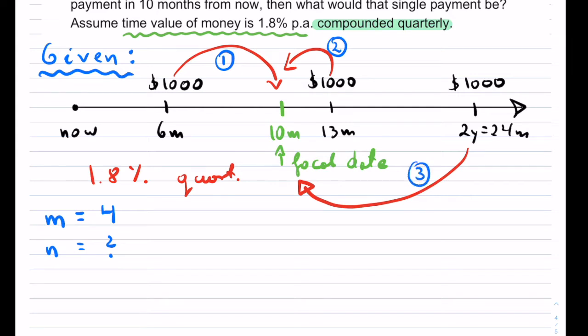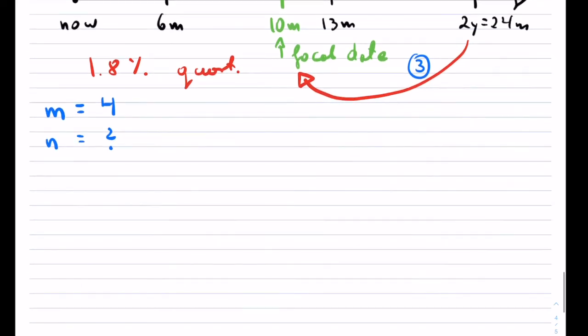If you move this, N is different. So I can't just write N because there's not one single N, because they're moving different amounts of time. Now our J for this example is 1.8% quarterly, so 0.018, and your I is 0.018 divided by 4. That's my I. That will be the same for all.